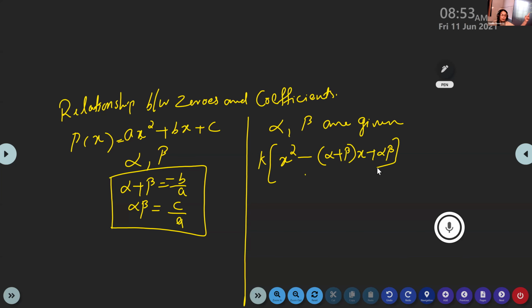That is, k into x square minus the sum of the zeros into x plus the product of the zeros. So x square minus alpha plus beta into x plus alpha beta is the polynomial.